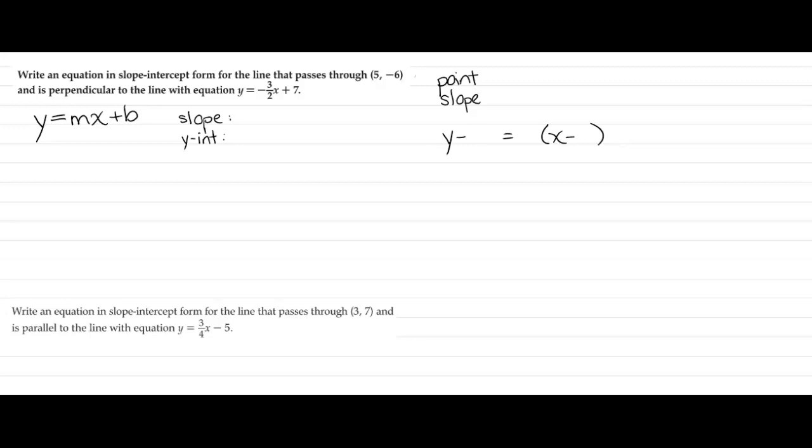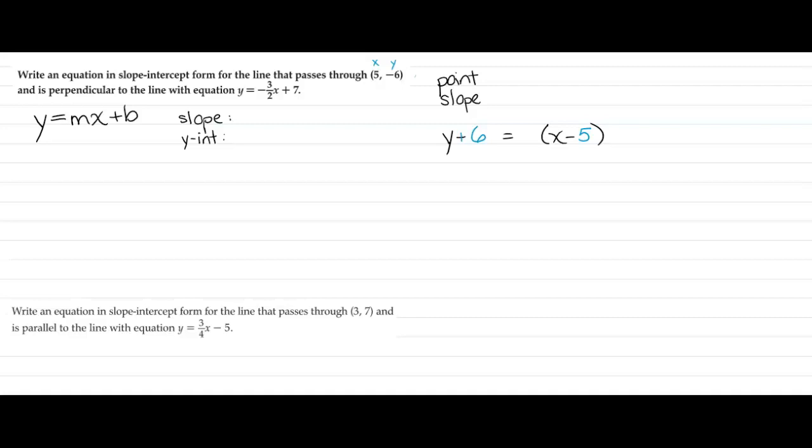And from there, we will convert it over to slope-intercept form since we didn't quite have the right ingredients. Okay, the point is 5, -6. This is the x, this is the y. X goes by x, y goes by y. -6. It cancels out the negative in the formula.